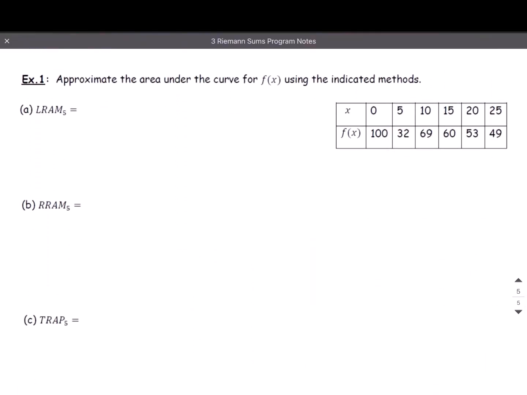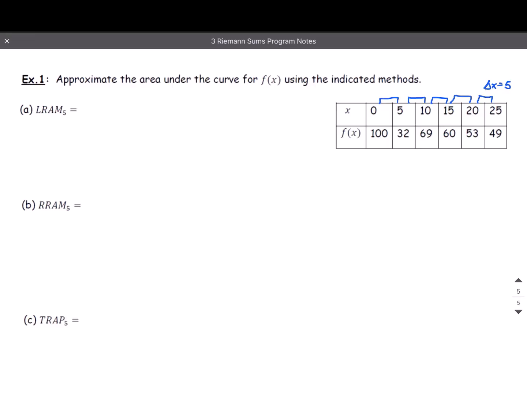Let's approximate the area under the curve for f of x using the indicated methods. So we're going to do an LRAM sub 5. Now notice there's 1, 2, 3, 4, 5, and it's very nice because each of those changes in the interval has a length of 5.